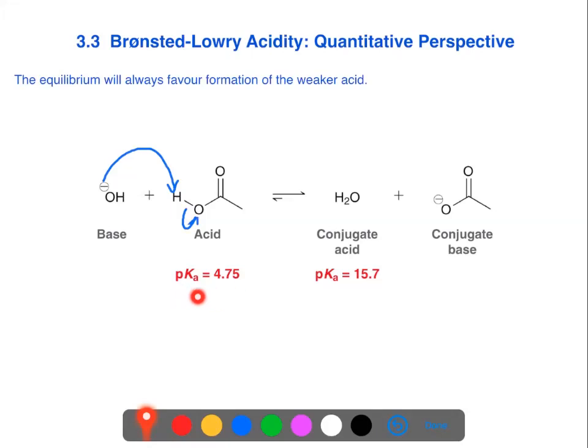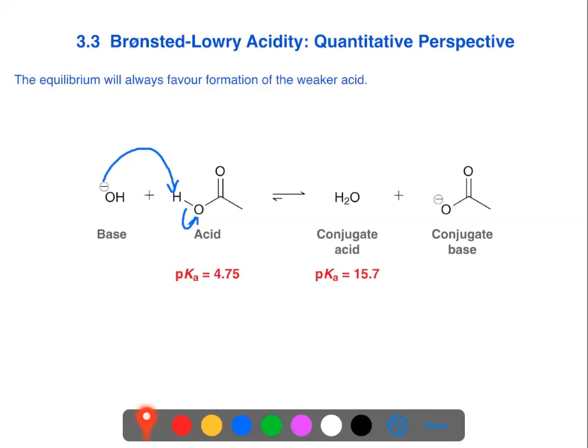It has a pKa of 4.75. The conjugate acid, which is water in this example, has a pKa of 15.7. So when we compare the relative strength of the acid to the conjugate acid, clearly the conjugate acid is weaker by 10 orders of magnitude, so 10 to the 10.